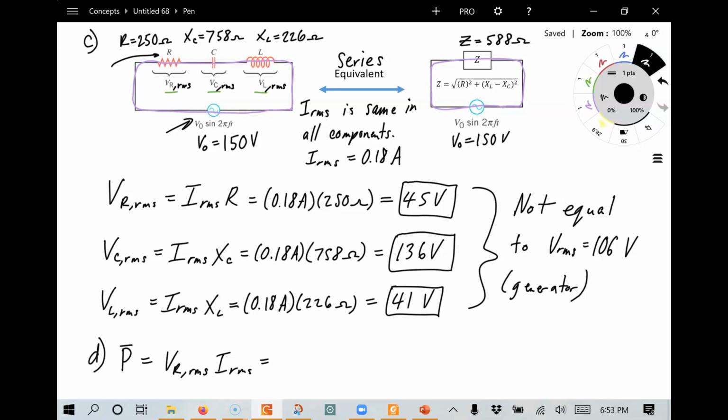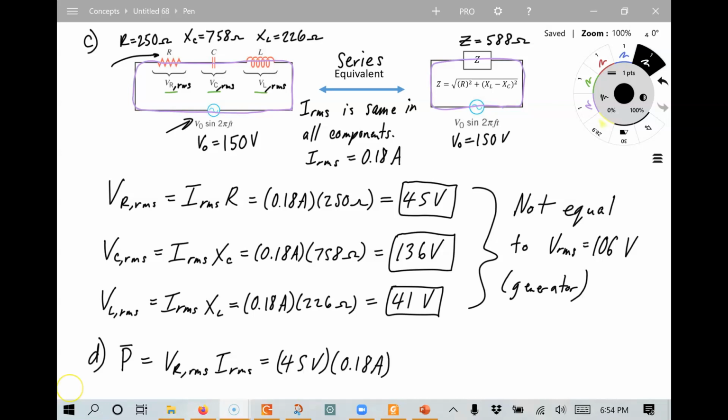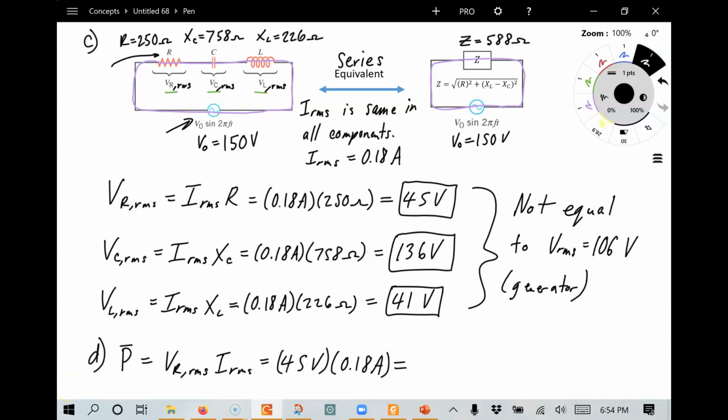We know that the voltage across the resistor is 45 volts, and the current, of course, is 0.18 amps. That gives an average power of 8.1 watts consumed by the RCL circuit, which is just consumed by the resistor.